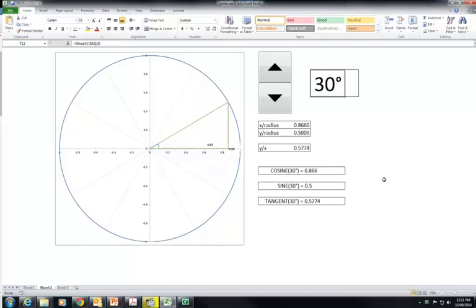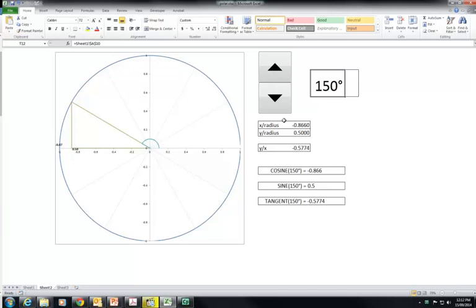Now, where I'm saying that there is a unique set of values, strictly speaking, this only applies in the first 90 degrees, the first segment, this part of the circle. To show you what I mean, if I take an angle like 30 degrees, it has a y value, a height, of 0.5, and an x value, a distance across, of 0.87. If I increase that to 150 degrees, you'll see it has the same height, because over here it's the same height as over here.